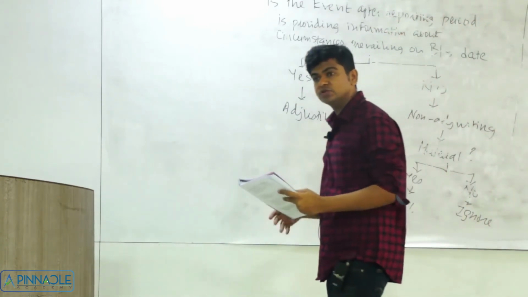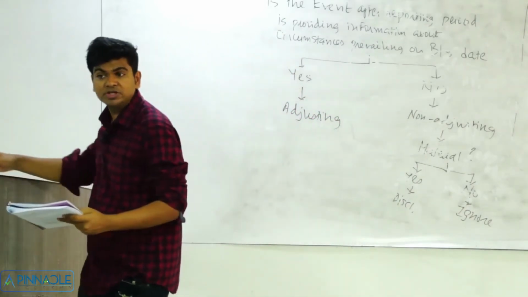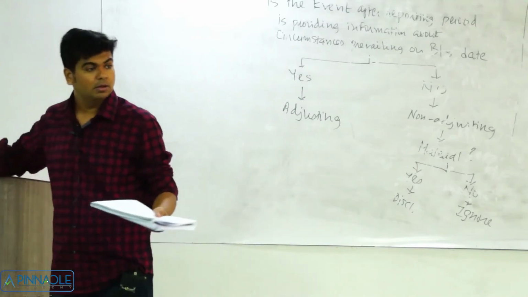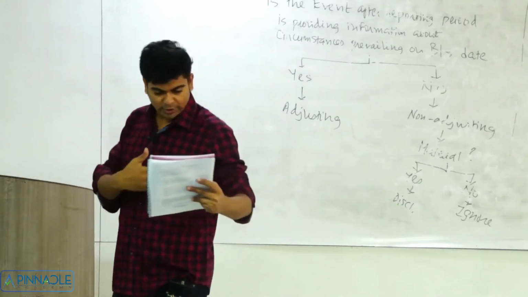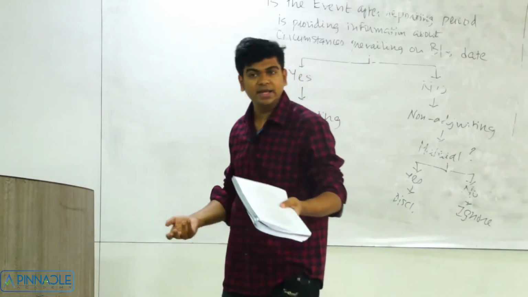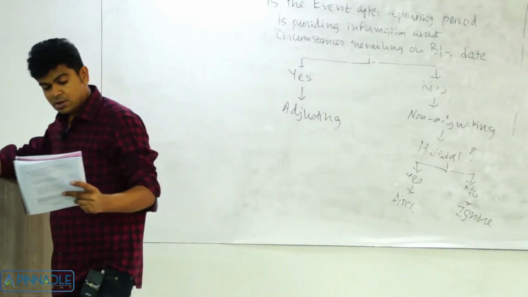Unexpected heavy rains. Is it providing you information about circumstances existing on the balance sheet date? On balance sheet date, we were not knowing that in May it is going to rain. In any case, in May, we are not expecting any kind of rain, isn't it? And they are themselves saying unexpected heavy rain.